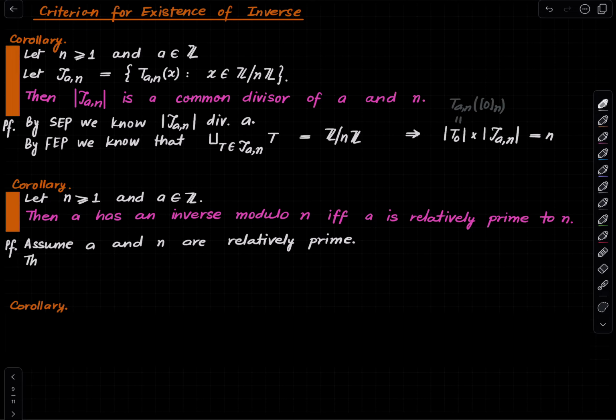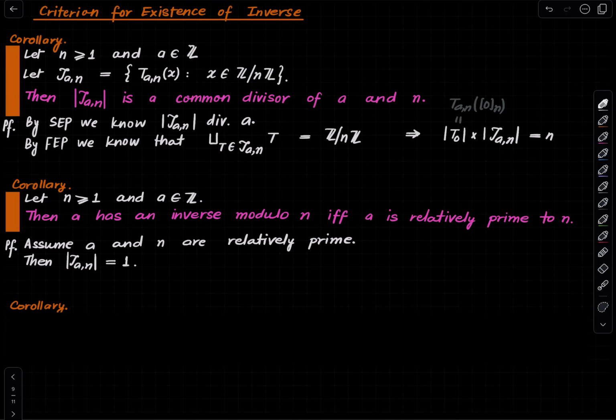Then this better be equal to 1. Why is it equal to 1? Well, this is a common divisor of both a and n. Since a and n are relatively prime, and since this is a positive integer, this has to be equal to 1. That's it. So this is 1. Great.